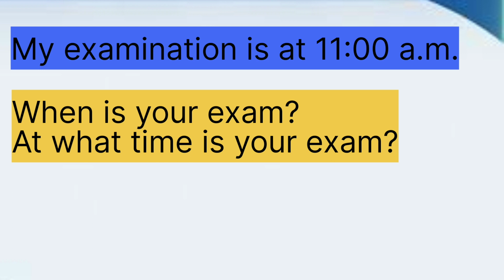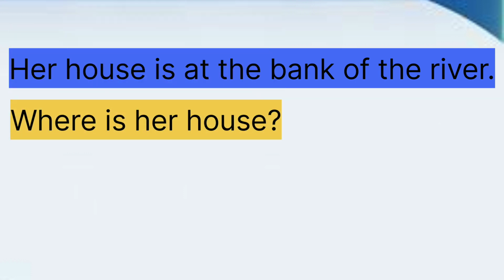Next example. Her house is at the bank of the river. The underlined part is at the bank of the river. This is all about location. So, where is appropriate WH word? Where is her house? Here we have followed the structure of WH word plus auxiliary verb plus subject, at the end question mark.